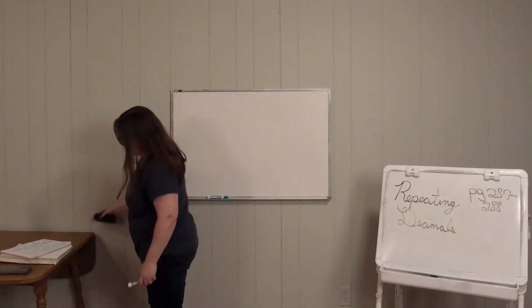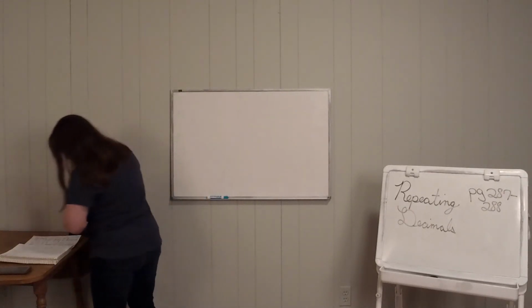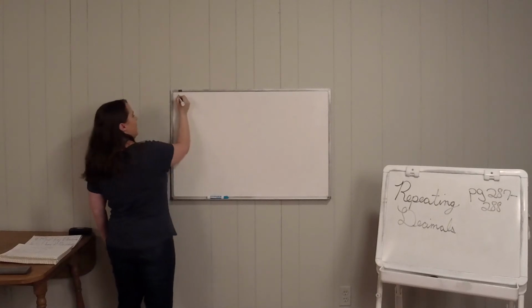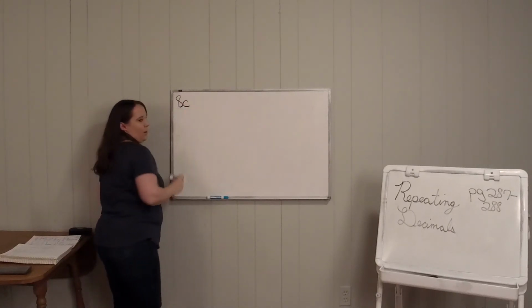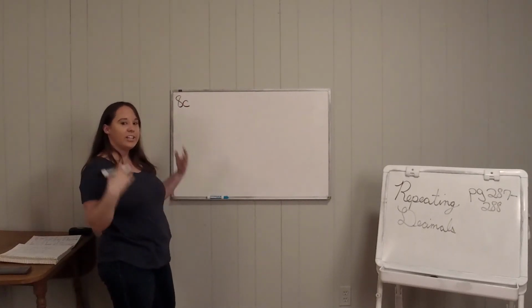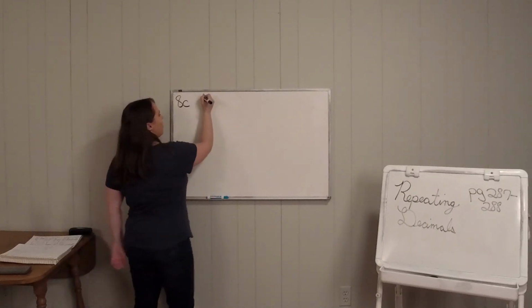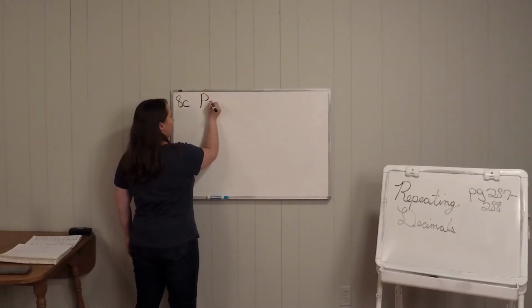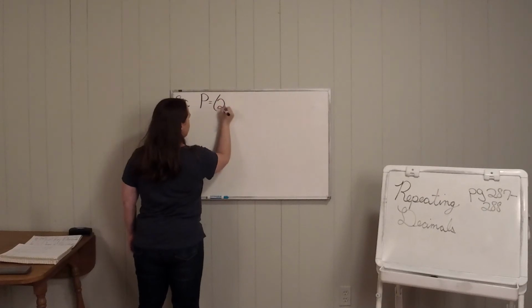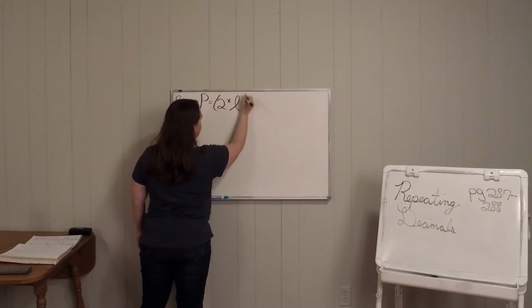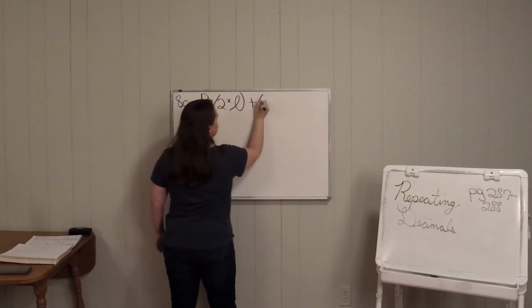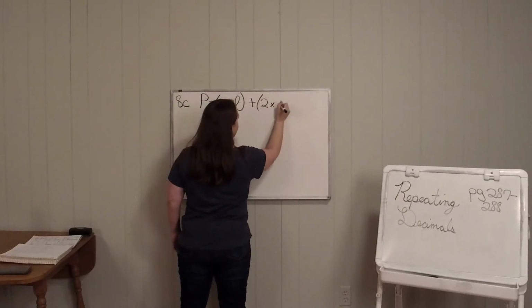Look now at 8C. It's a rectangle. So the perimeter and area change slightly. For a rectangle, the perimeter is 2 times the length plus 2 times the width.